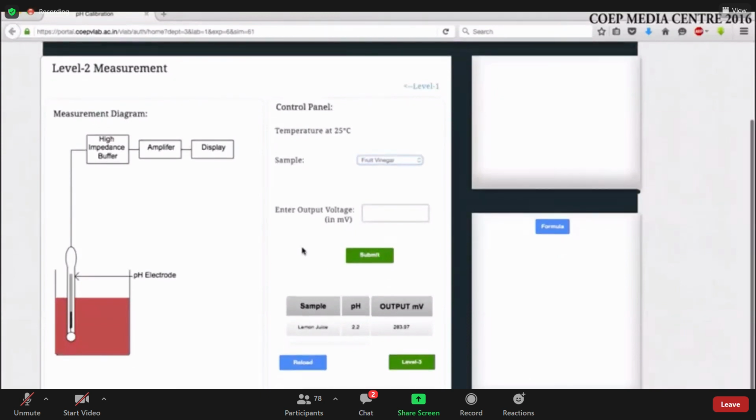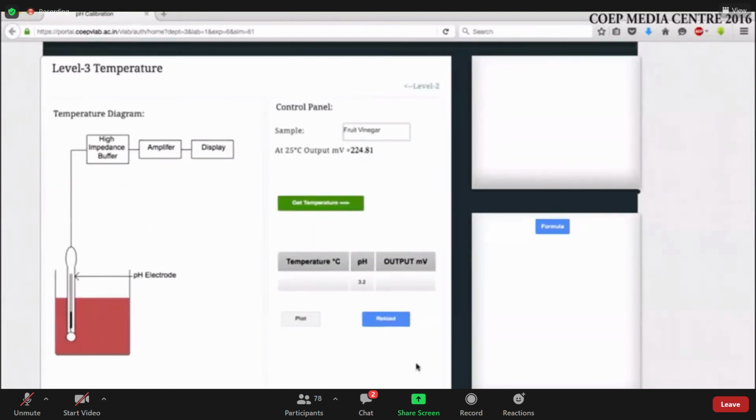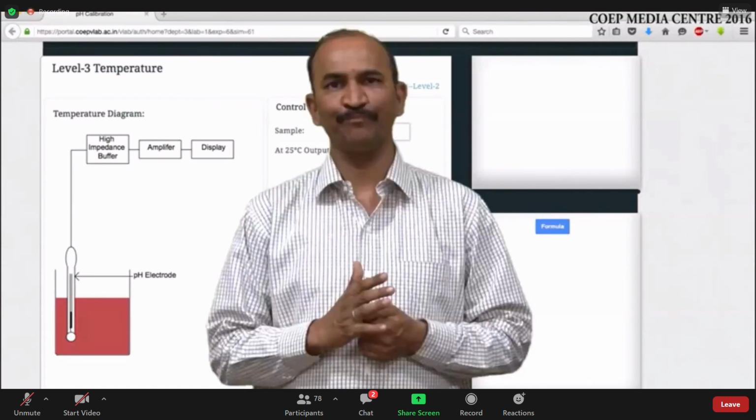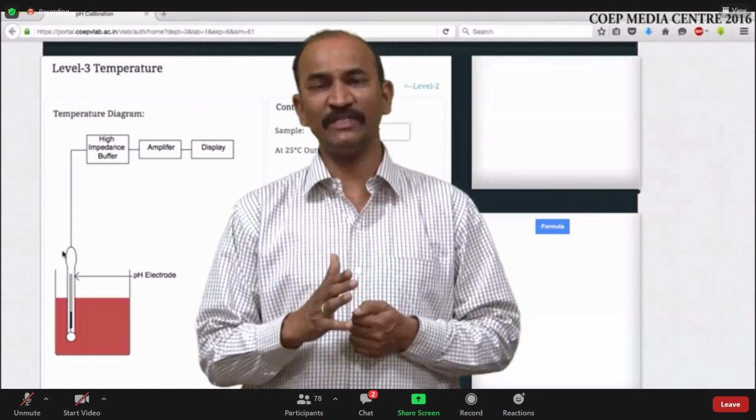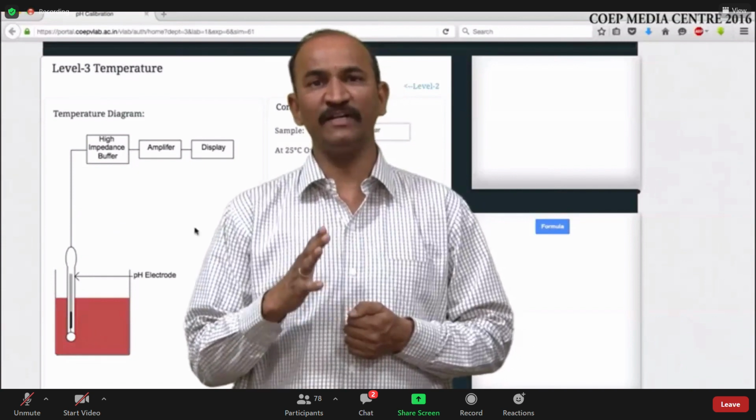After you have done with one sample, level 3 is available to you. Click on to level 3. You will find you selected sample as fruit vinegar, and the output at 25 degrees Celsius was 224.81. Now, if I expose it to different temperature, I have to calculate what will happen.